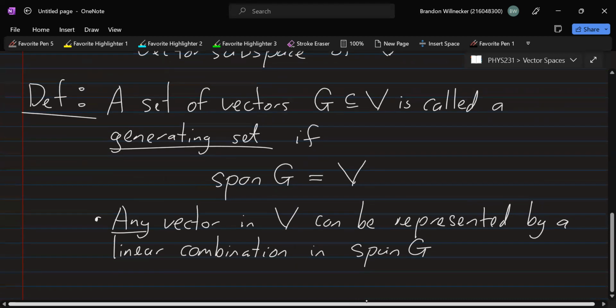However, this set G can have more elements than we actually need. When taking all linear combinations, some of the vectors in G are redundant. We might not need them to span the full space.